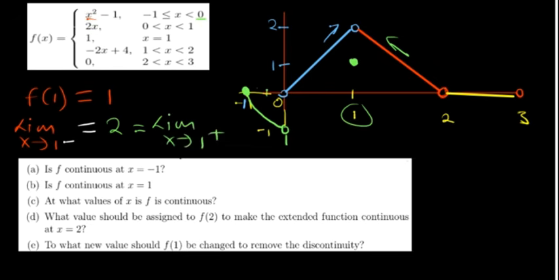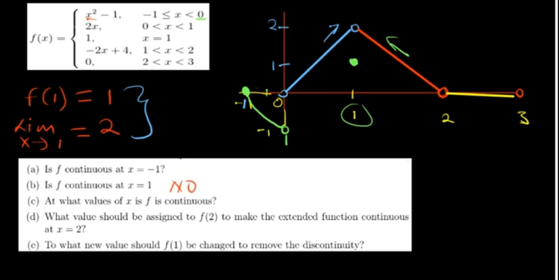Since that is the case, the limit as x approaches 1 is equal to 2. Now if you check the two, are they the same? No, they are not. So the function is clearly not continuous because the limit is not equal to the function at that given point. So this one is a no.